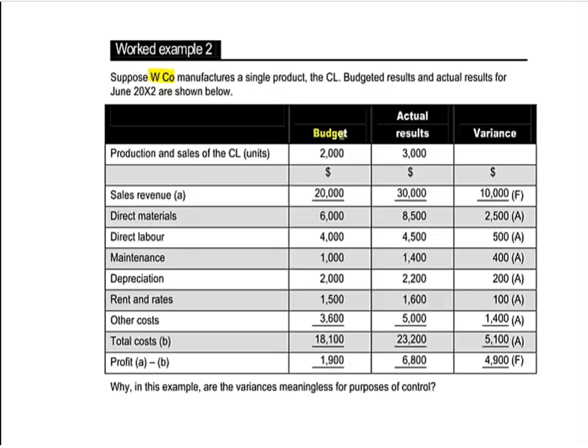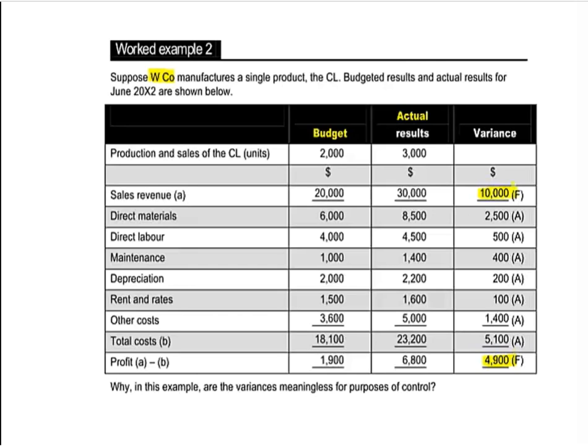And we've got the budget compared to the actual results. And you can see if you look down at the bottom that we've got a favourable, so that's good news, that's what the F denotes, variance on profit of 4,900.